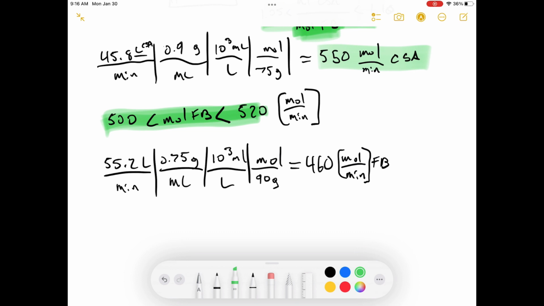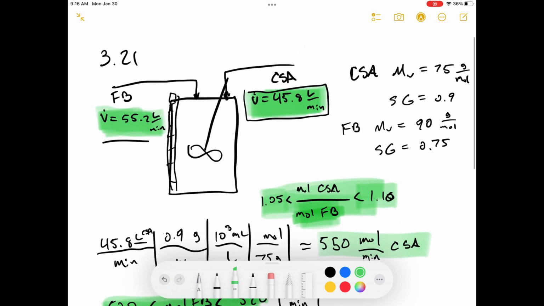Okay, so let's take a look at our reactor. We've got a certain amount of stuff going in, and you have to have a certain product going out. And the mass flow rate needs to be the combined mass flow rate of CSA and FB.